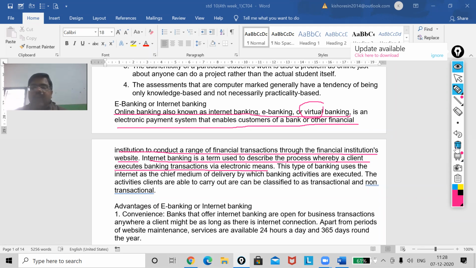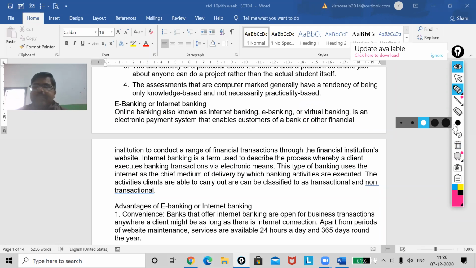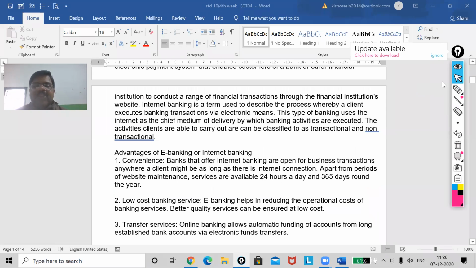Now, what are the advantages? You can see the advantages, my dear. First one is convenience. That means you do not have to go to the bank. If I have to transfer 10,000 to your account, why would I go to the bank? Why would I fill the form for the fund transfer? Why not go for net banking?